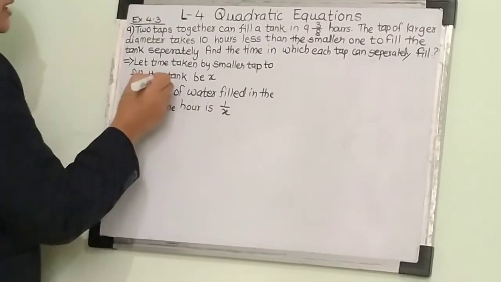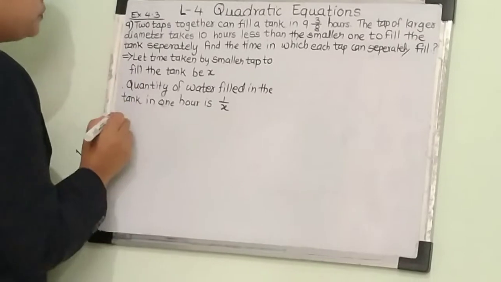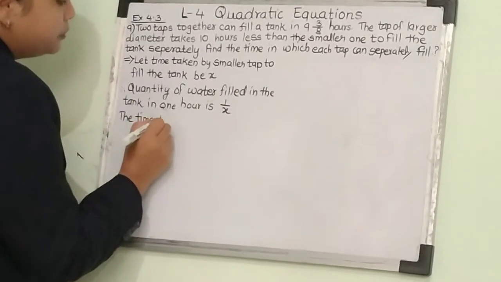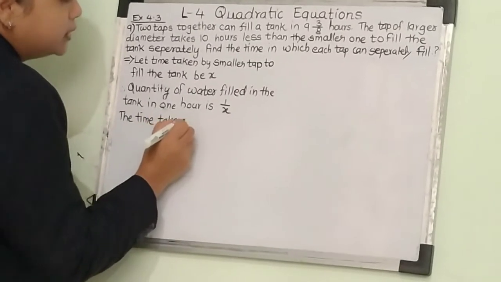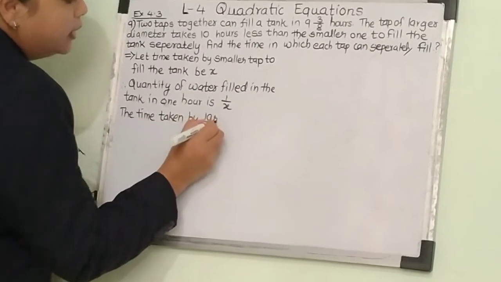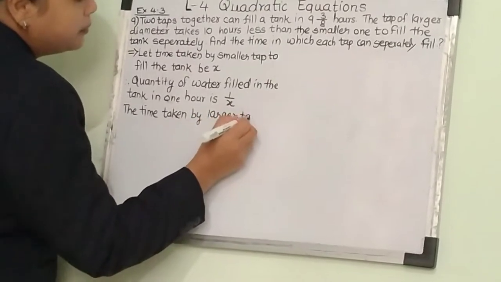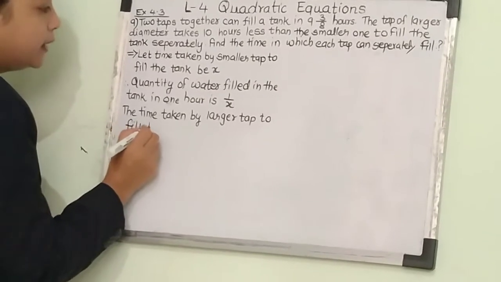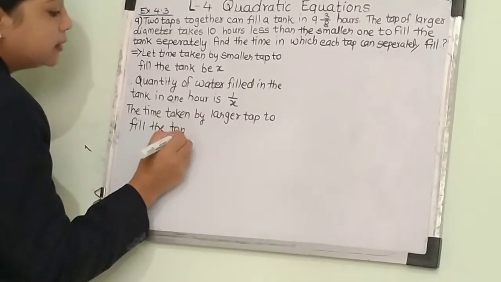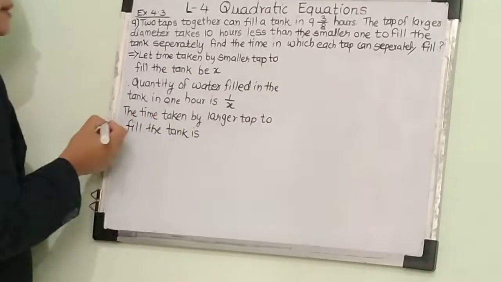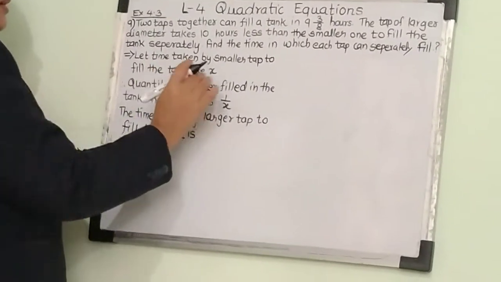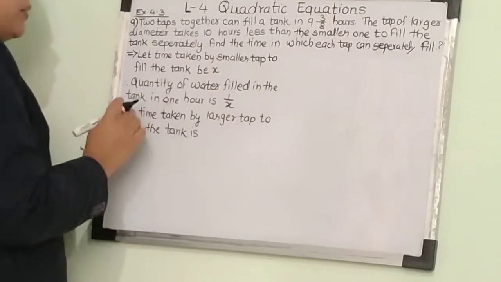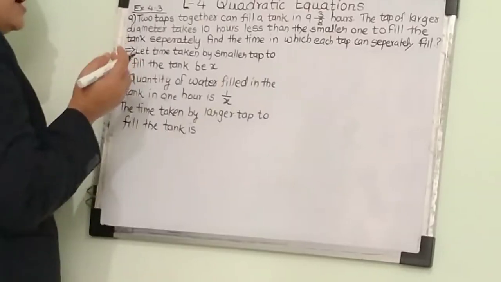Similarly, we can say that the time taken by larger tap to fill the tank is. Now here we take x for the smaller tap. So for the larger tap 10 hours less.